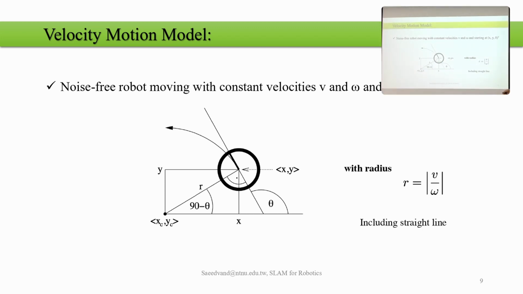Clear? Based on two velocities. Its radius can be shown as r, but we will calculate it. Just simply, if we know x and y and the radius r, we will see in the next slides how we can calculate it.